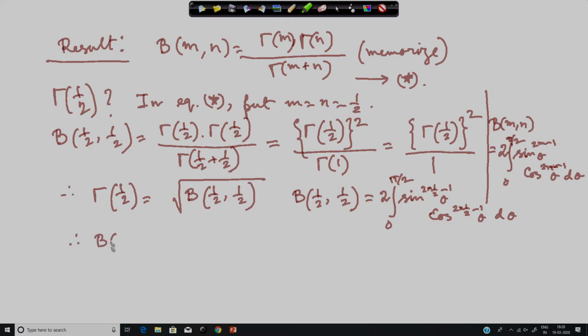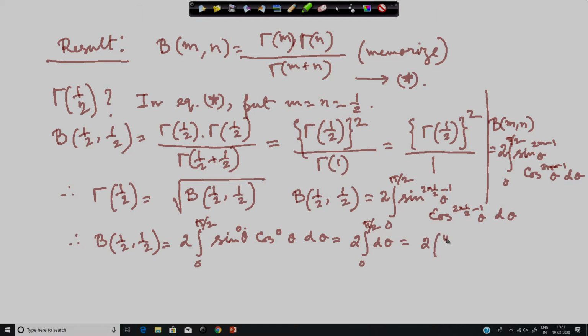Therefore, beta half half becomes 2 integral 0 to pi by 2 of sin theta to the power 0, cos theta to the power 0, d theta. So it becomes simply 2 integral 0 to pi by 2 d theta, that is 2 into pi by 2 minus 0, which is pi. So the value of beta half half is pi, and gamma half is root over beta half half.